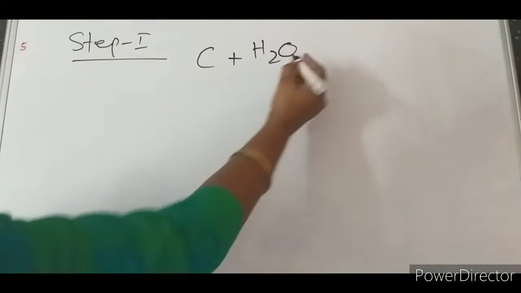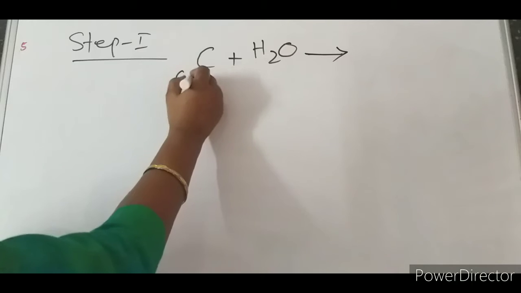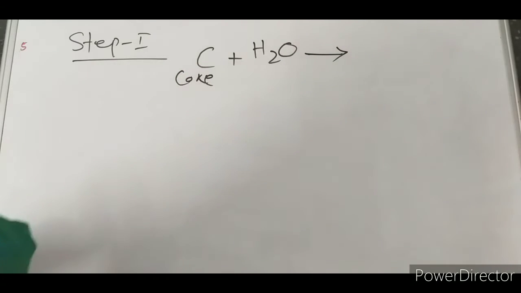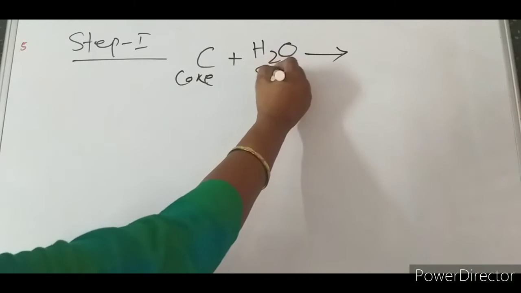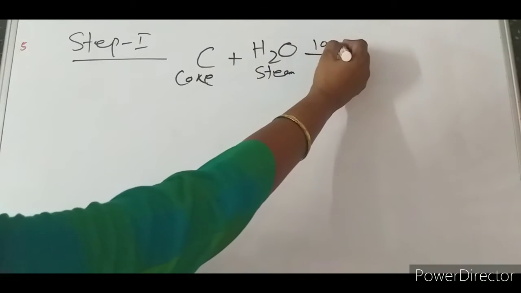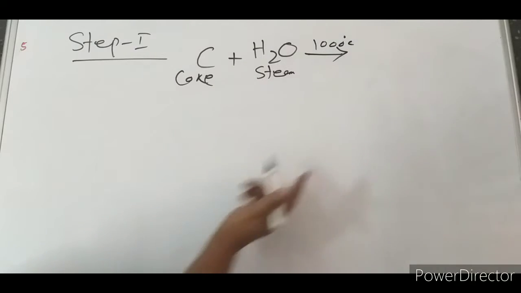Red hot, white hot coke we have to take. This has more energy, it is in a hot condition, and steam has to pass over it at a temperature of 1000 degrees Celsius.